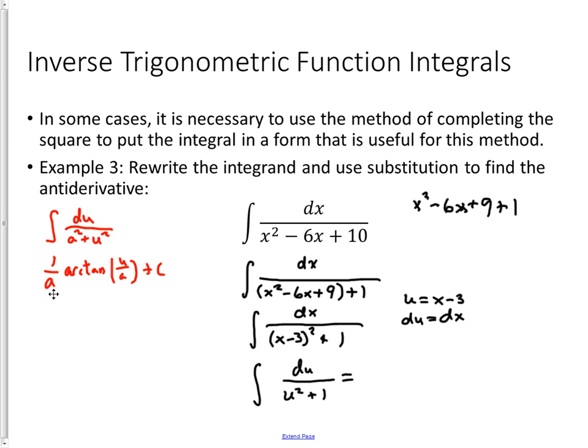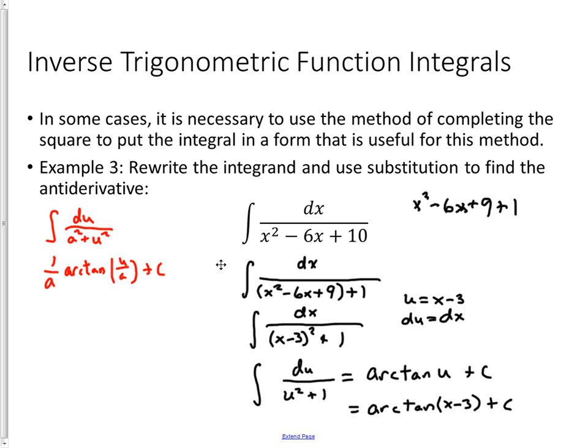Well, a in this case is equal to 1, so it's going to be 1 times the arctangent of u over 1 plus c. So if we make our replacement, sure enough, here's our antiderivative: arctangent of the quantity x minus 3 plus c.